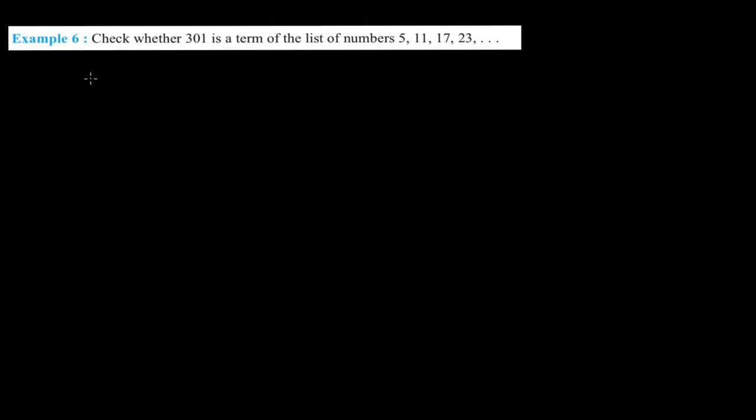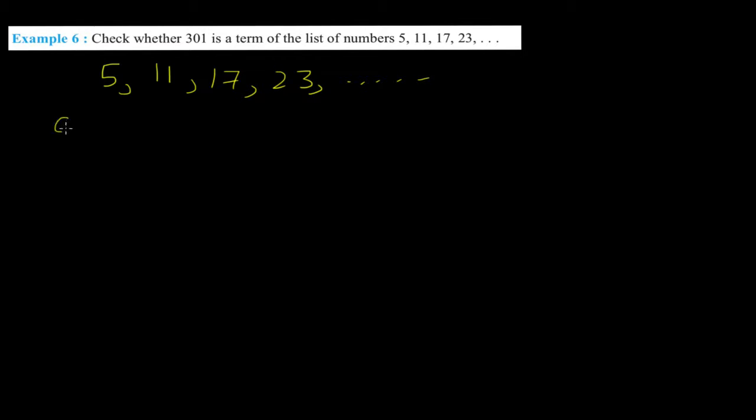Let us try solving another example. So we have our AP here as 5, 11, 17, 23 and so on, and we need to determine if 301 is a term in this AP. So what do we do?